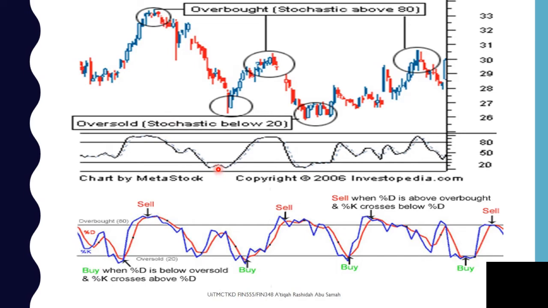While when the line crosses below the oversold range of 20, this is a buy signal. And we can also look at the blue and red lines. When the blue line crosses below the oversold range and then goes up, this is the buy signal, and vice versa.